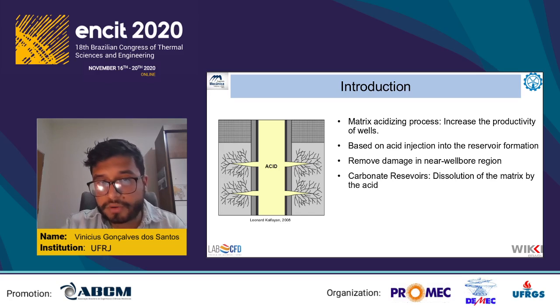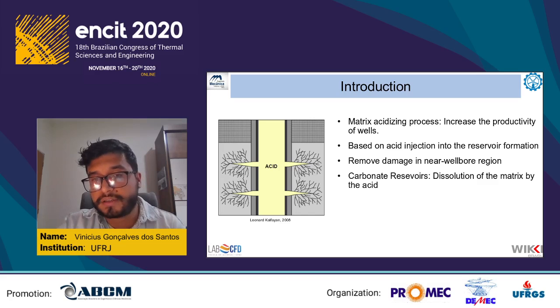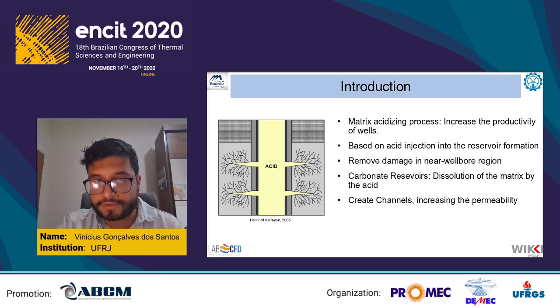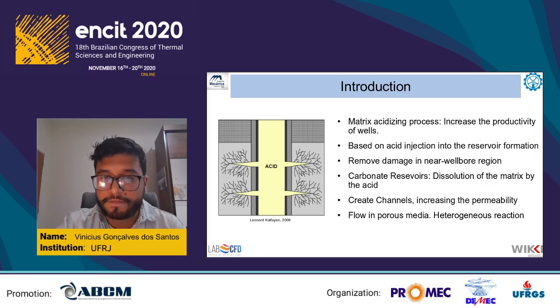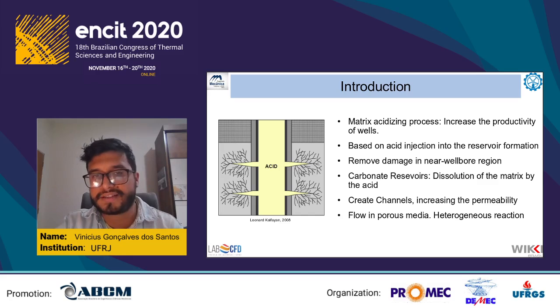And also in carbonated reservoirs, there is a dissolution of the matrix by the acid-rock reaction. This reaction creates channels, increasing the permeability. Flowing porous media and heterogeneous reaction between the acid and the rock are the two main aspects of the matrix acidizing process.